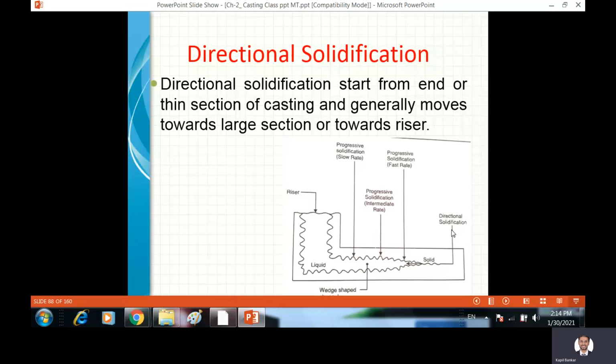Suppose when the progressive solidification dominates over the directional solidification, at that time shrinkage defects will form. So you can control as per your requirement.